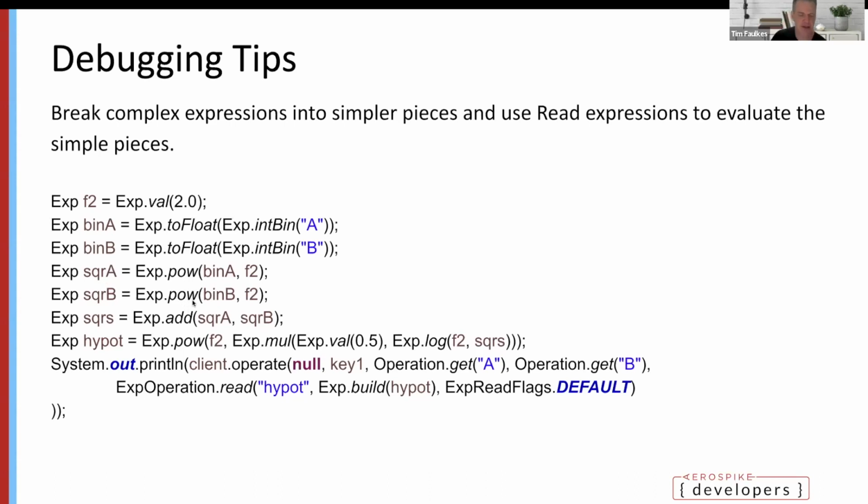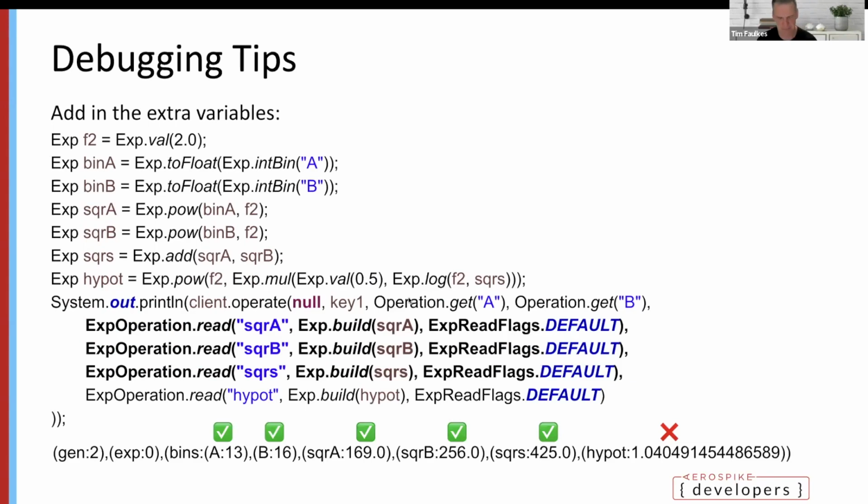I can keep doing that. Each one of these is another more complex part of the expression. And my hypotenuse is the exponent of the power of F2 multiply, that big horrible expression, which gives me the square root, and that works well. So this has simplified it. It is now much more readable. Still didn't solve my problem.